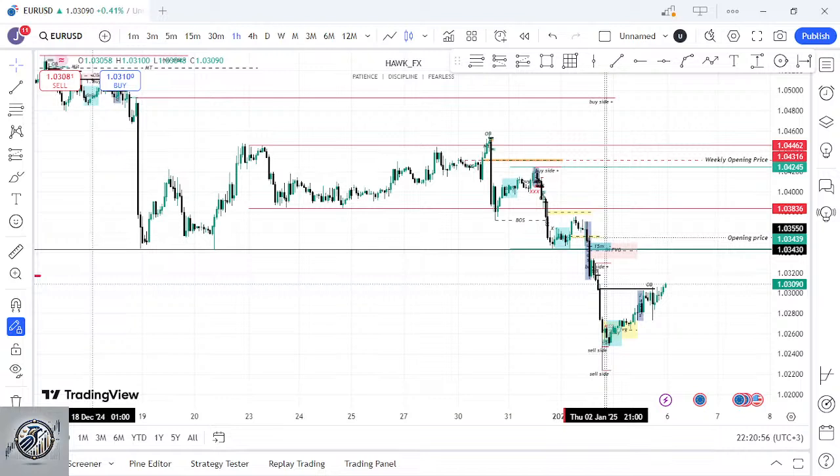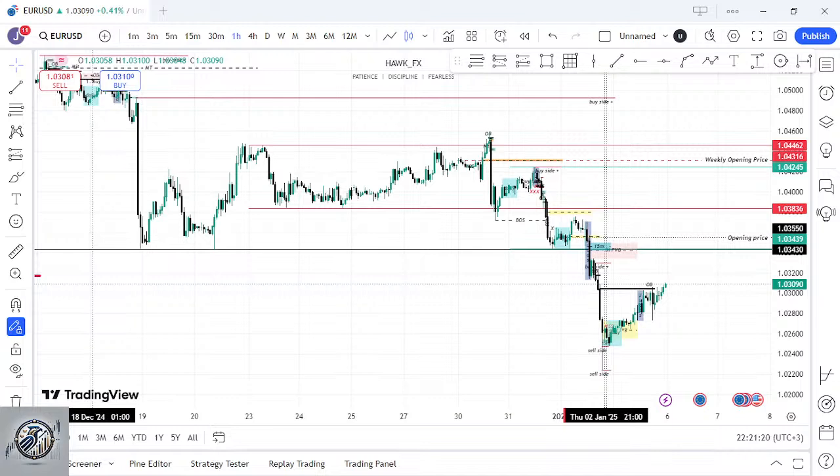So welcome. Today I'm going to be looking at what we should be expecting from the Forex market this week. The second week of January, the year 2025, EUR/USD, GBP/USD, Forex trading analysis.